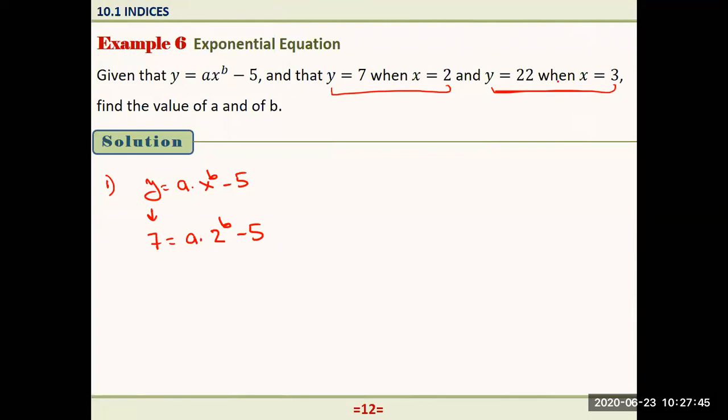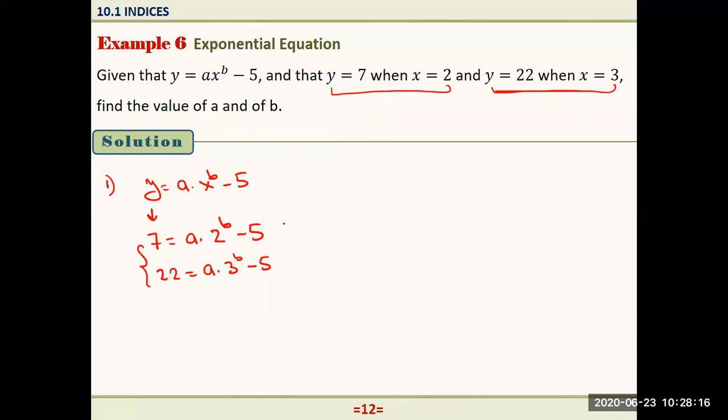And if I substitute the second piece of information, y equals 22 when x equals 3, we have 22 equals a times 3 to the power b minus 5. Now we have a system of equations, but they are not linear equations, right? It's not like ax plus by equals c, because here we have exponents. That's why this is an exponential equation.